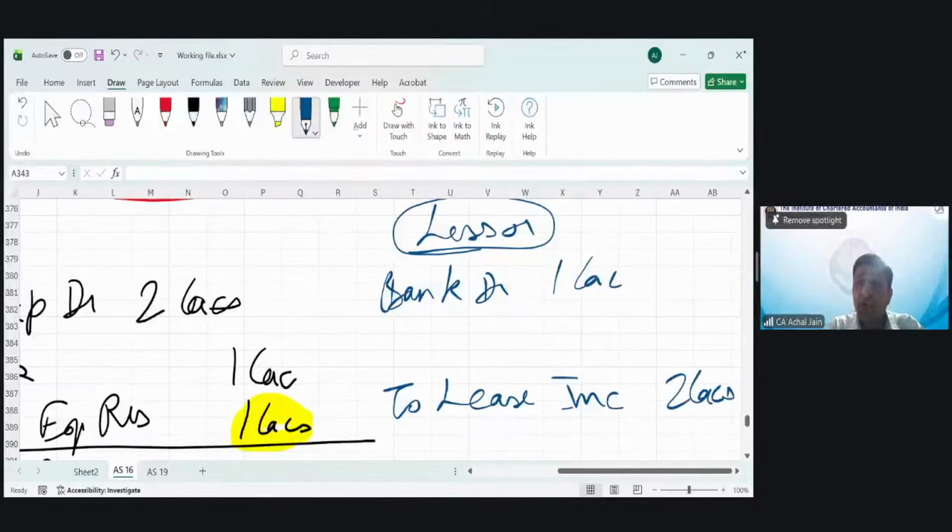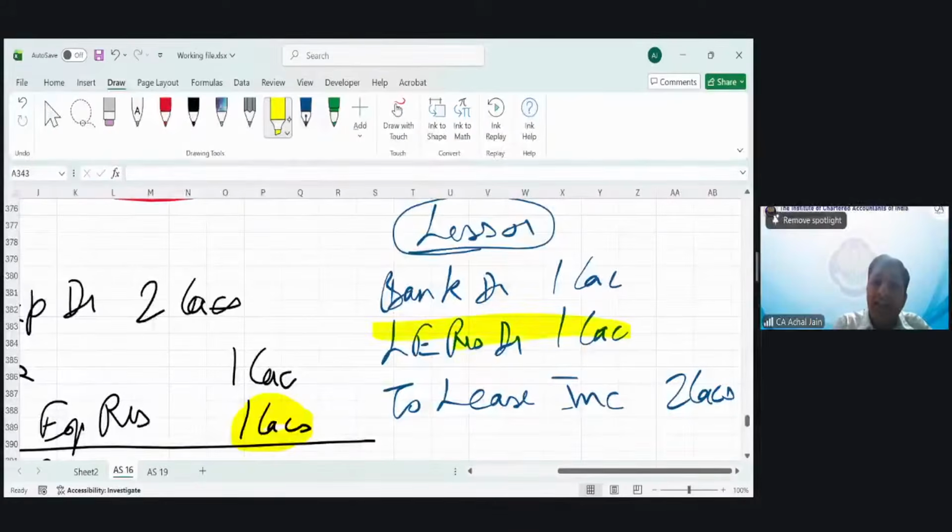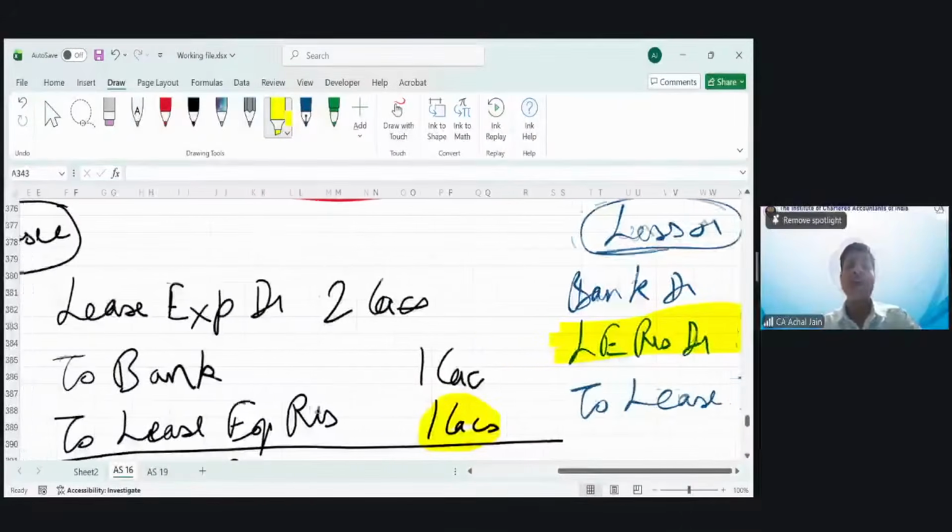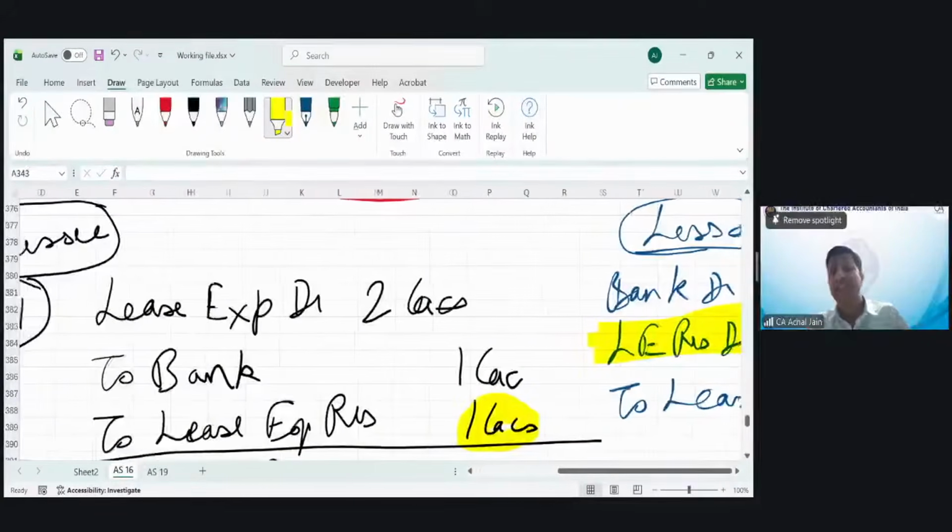The lessor will also record the equalized amount. And where will the differential go? Lease equalization reserve debit 1 lakh. So this is how the lessor will be recording. The same set of accounting entries, mirrored, will be passed by the lessor corresponding to what the lessee is doing each year.